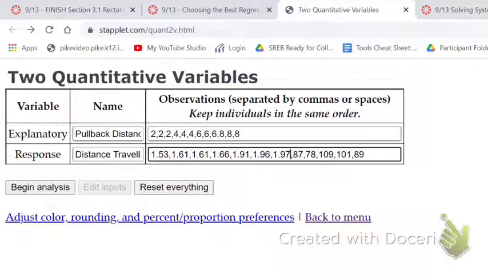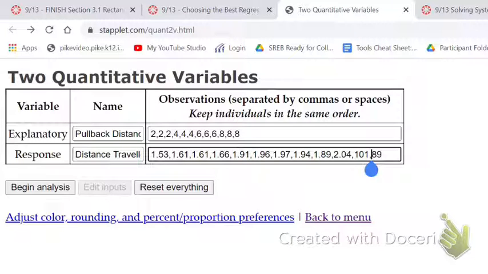Log of 87. 1.94 you said? Log of 78. 1.89. Log of 109. 2.04.